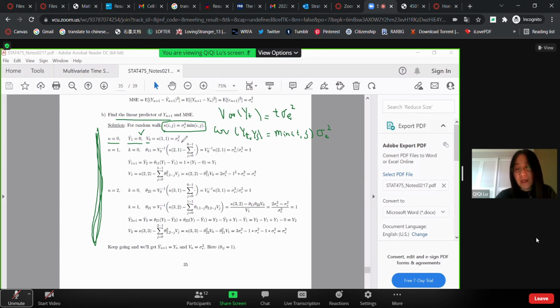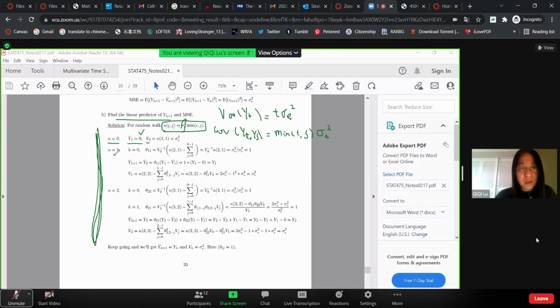This time you cannot say gamma 0, because gamma 0, gamma 1 is the notation for a stationary time series, and the random walk is non-stationary. So kappa 1,1 means i equals 1, j equals 1. The minimum between 1 and 1 is still 1, so kappa 1,1 is sigma e squared.